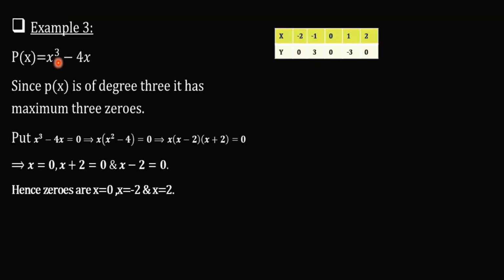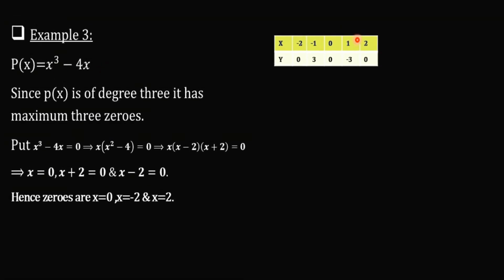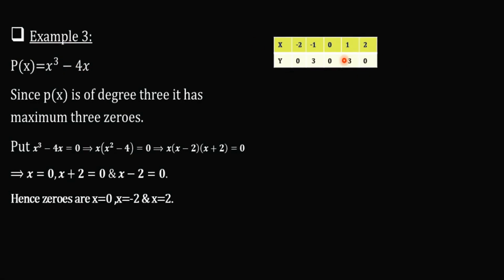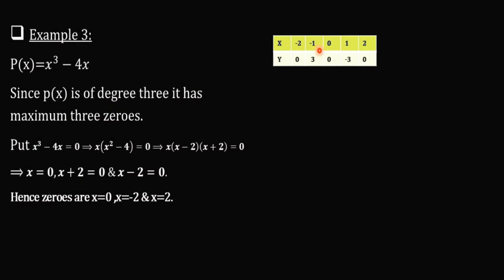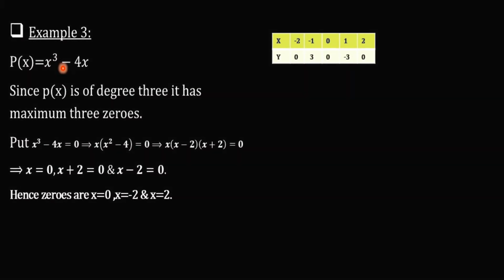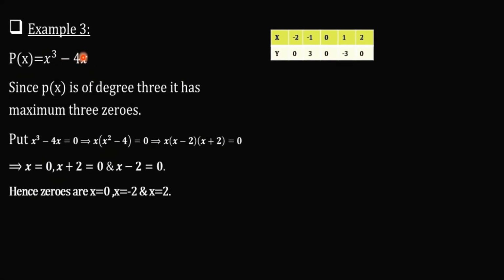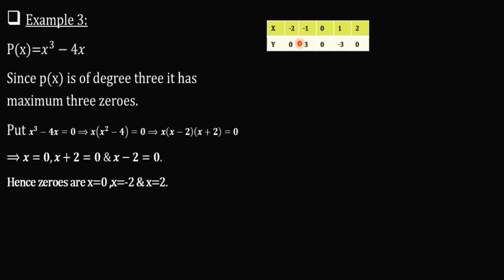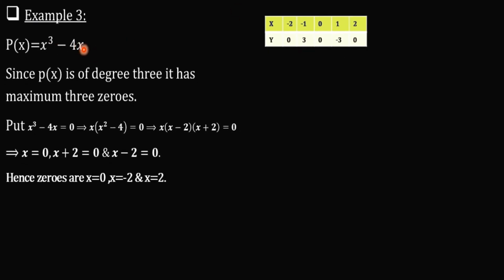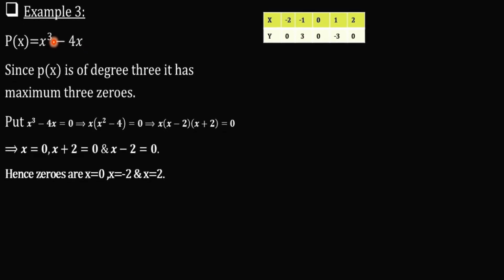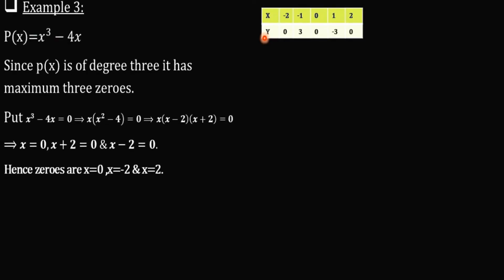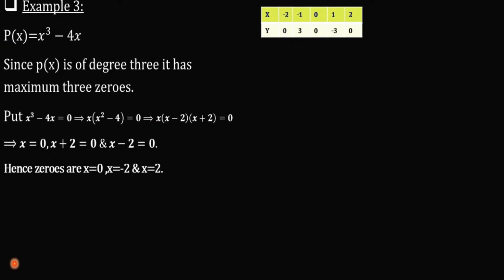Then x equal to 1, then 1 cube minus 4, that is -3. x equal to 2, 2 cube, that is 8, 8 minus 4 into 2, that is 8, which is 0 again. x equal to -1, then -1 cube is -1 itself, -1 into -4 will give +4, -1 plus 4 is 3. -2 cube minus 4 into -2 will give -8 plus 8, that is 0. So we get our points here. Next we have to draw the graph.